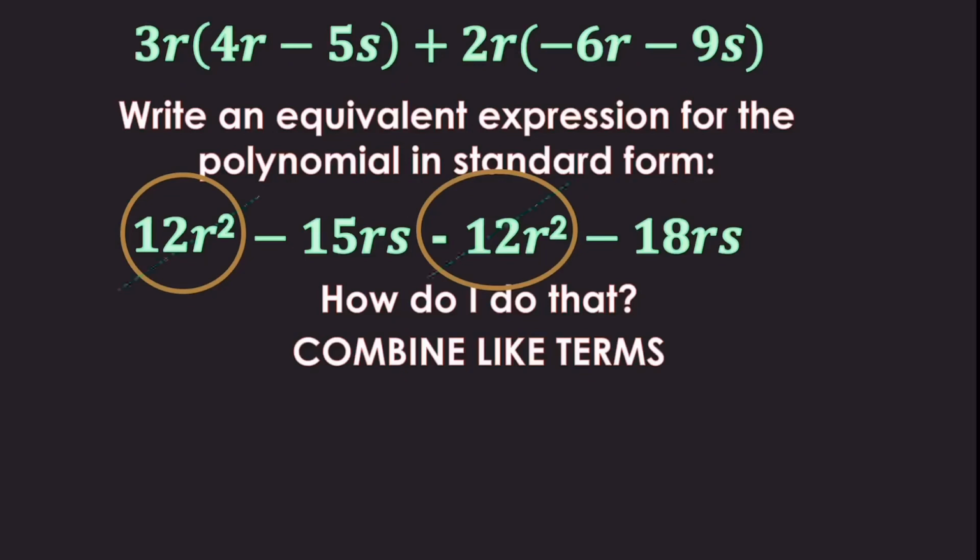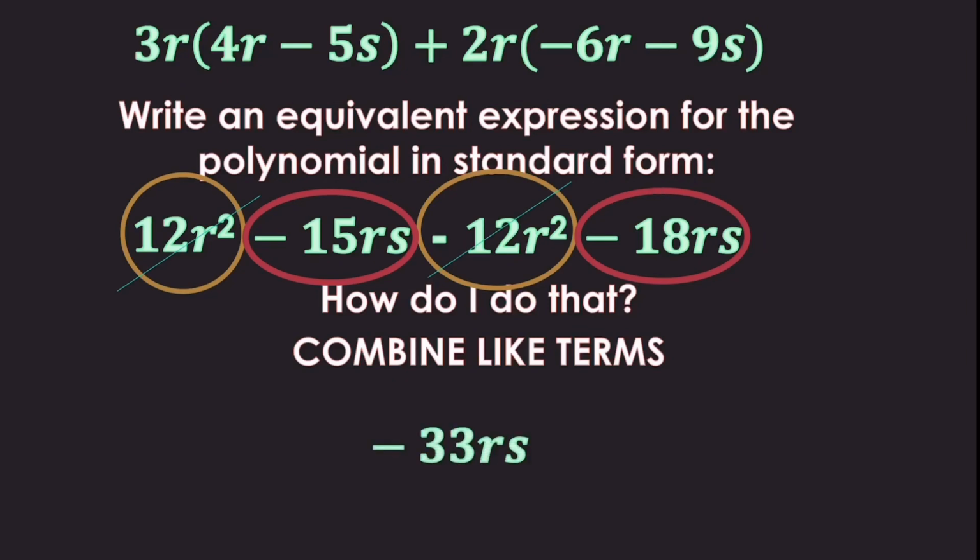Those two will end up canceling out. A positive and a negative, those are gone. Then I have negative 15rs and negative 18rs. When I combine those, I now get negative 33rs. I have now written an equivalent expression.